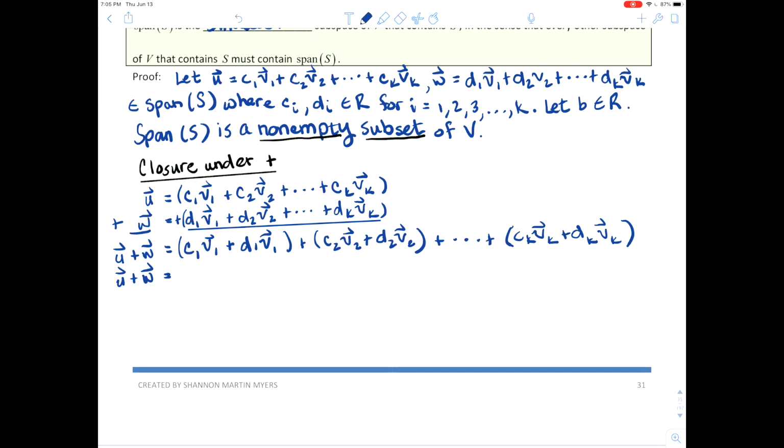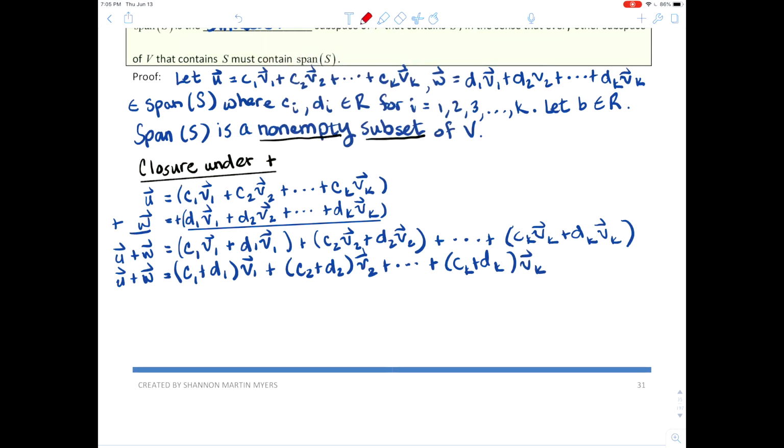So we can do this: c1 plus d1 times the vector v1 by the distributive property, and this one would be c2 plus d2 times v2, all the way down to ck plus dk times vk.